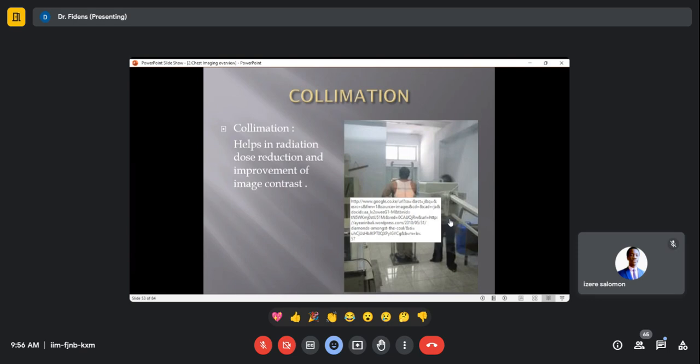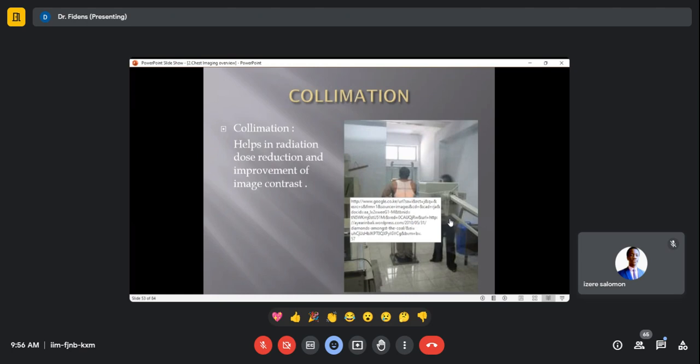Another advantage is that it will improve the contrast of the image. So if you don't collimate that way, first of all, you irradiate unnecessary parts of the body. Secondly, it will reduce the image contrast.